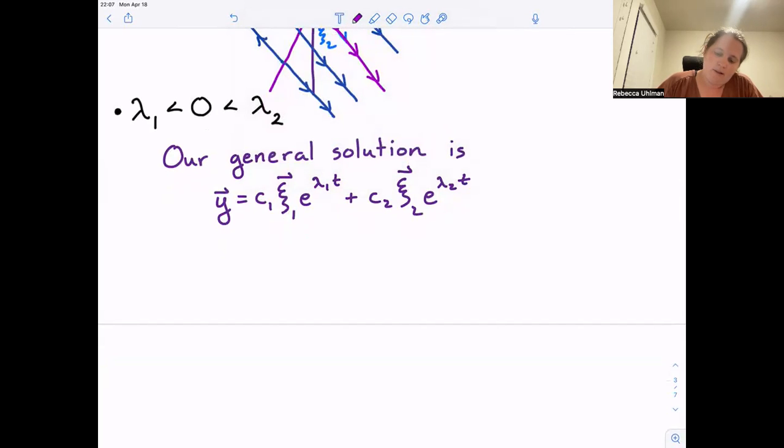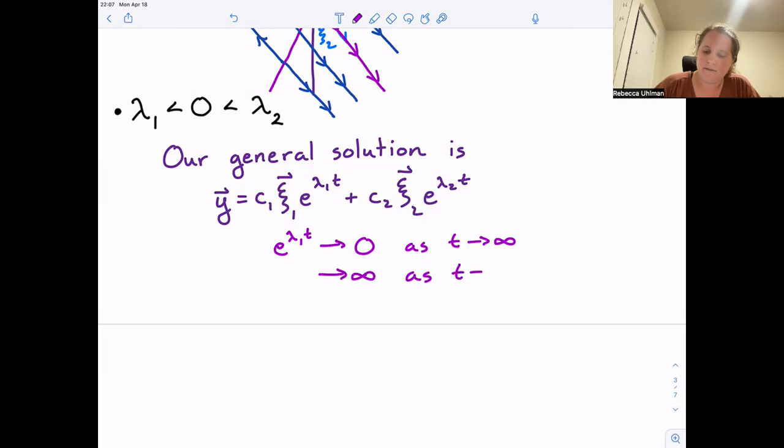Note that e to the lambda 1t goes to 0 as t goes to infinity, since lambda 1 is negative, and goes to infinity as t goes to negative infinity.